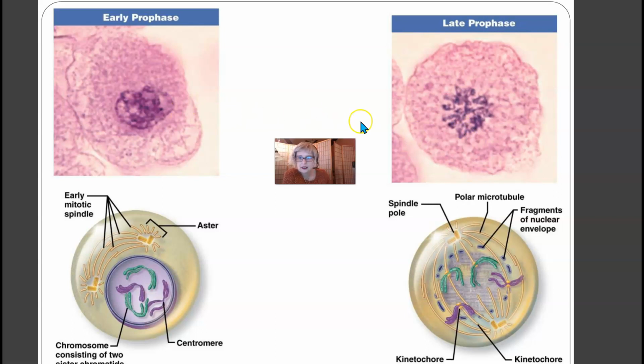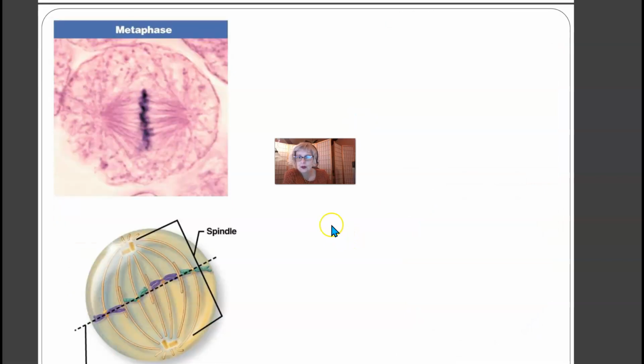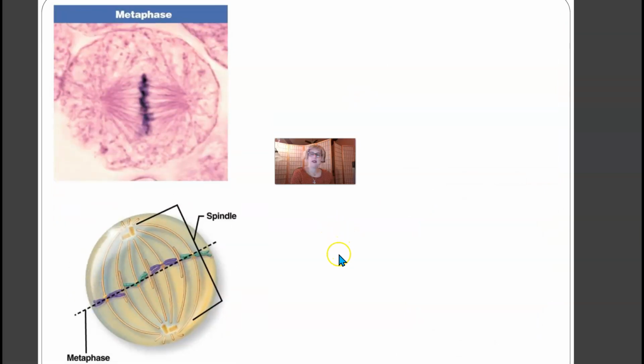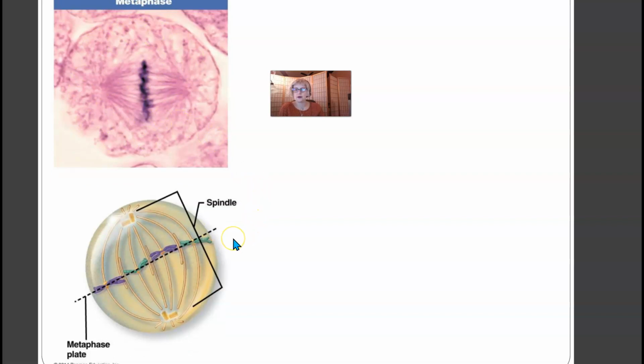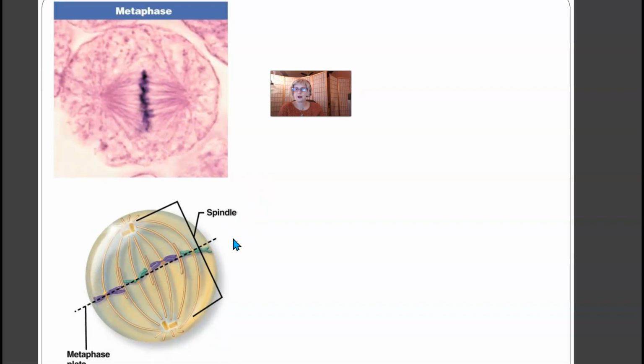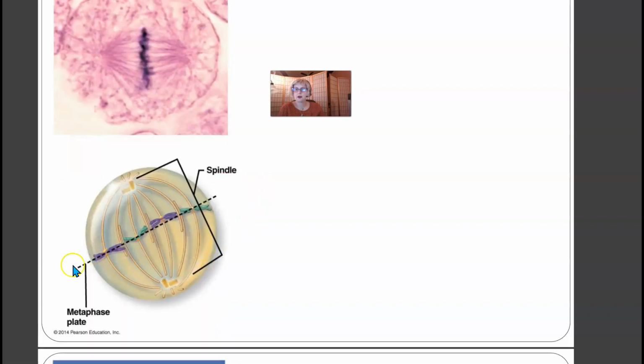All right, now the next phase, so we did prophase, the next phase is metaphase. This is really easy because the chromosomes line up at the equator or at the center of the cell, and these are called the spindles. So this, if you get it on an exam, is a gift. It's so easy to identify, so make sure that you get this down cold. This is called the metaphase plate or equator or center, right? And these are the spindles, and of course there's your centrioles, and the centrosome is the region.